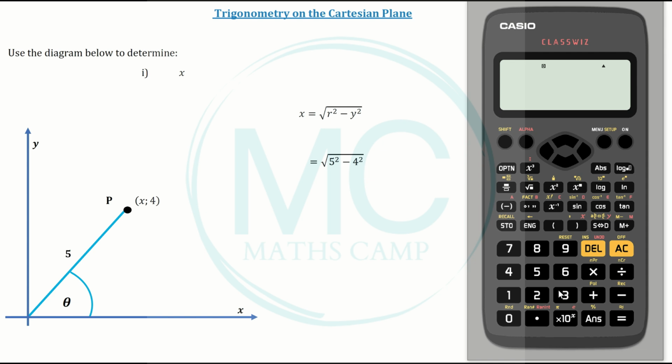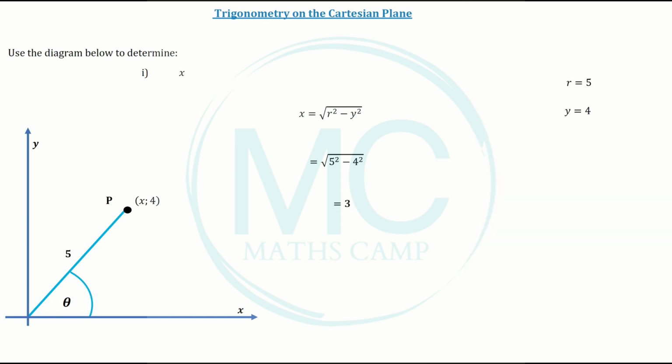Let's take our calculator. We say 5 squared minus 4 squared. Square root our answer. And we get a value of 3. This is our x value. Let's make a note of it up here, clean up our page, and move on to part 2.